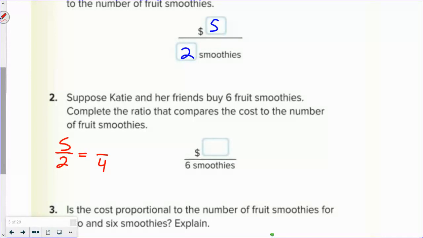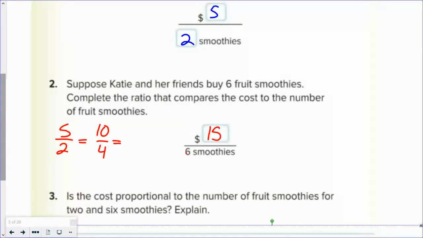Well, 2 times 2 is 4, 5 times 2 is 10. What about then if we had our 6 smoothies? We would then multiply by 3. So 5 times 3 gives us $15 for the 6 smoothies. Those are all equivalent ratios.